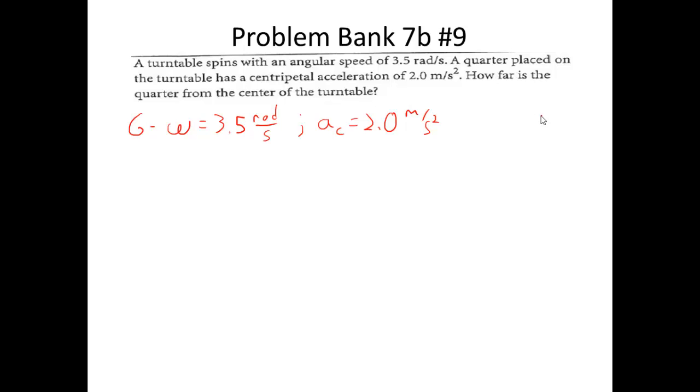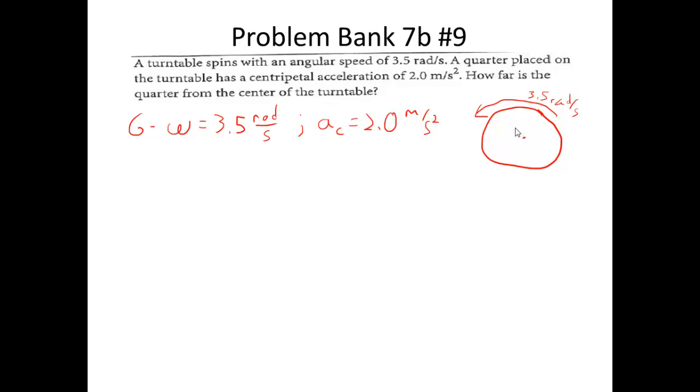So we'll try to draw our turntable right here. I believe a turntable is another way to say record player. And this turntable has an angular velocity of 3.5 radians per second.